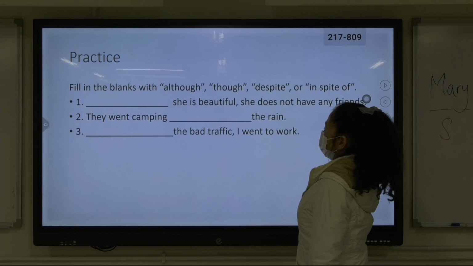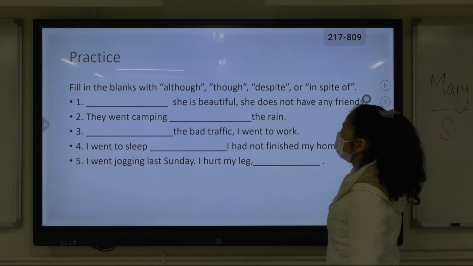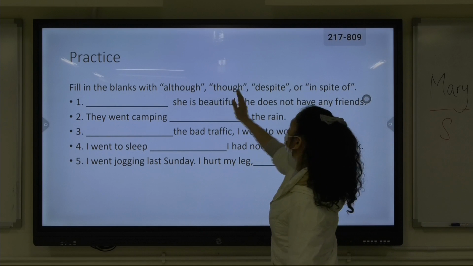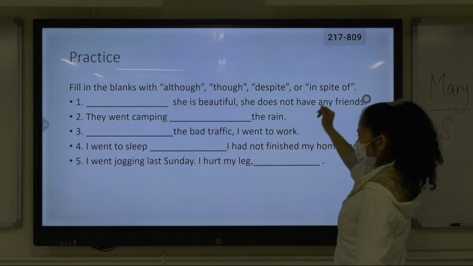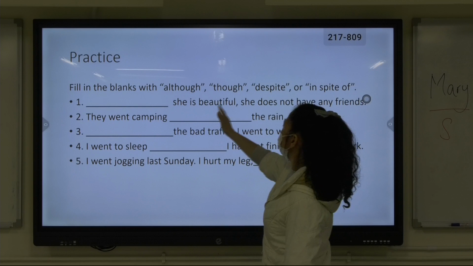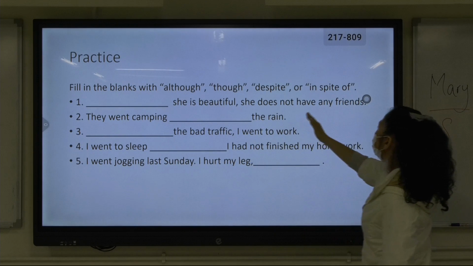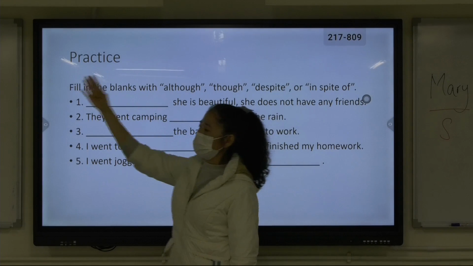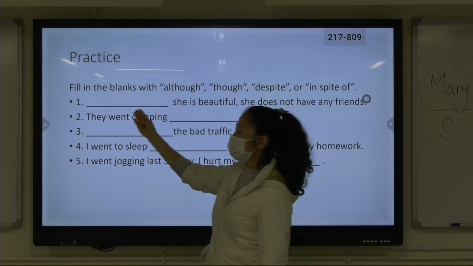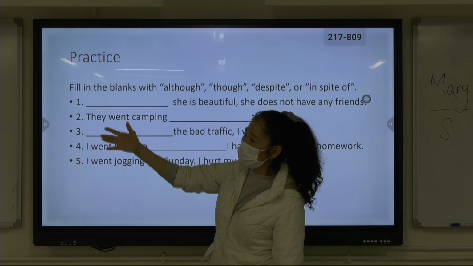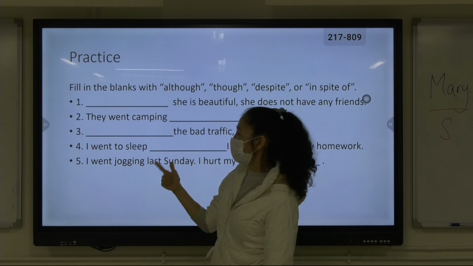Okay, these 5 sentences first. Now fill in the blank by using although, though, despite, in spite of. Number 1: she is beautiful, she does not have any friend. Of course we have to think of these 4 connectives. Which one is the most suitable? Although, though should be followed by subject and verb.